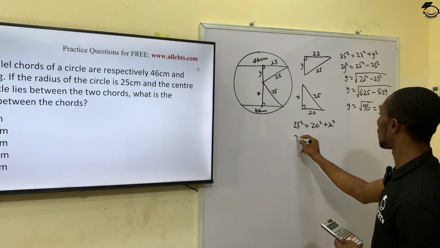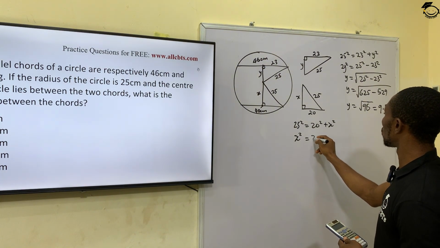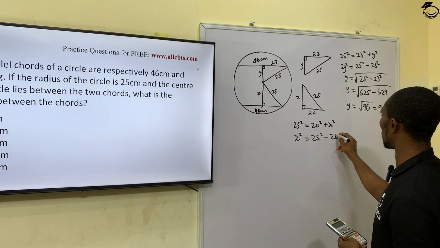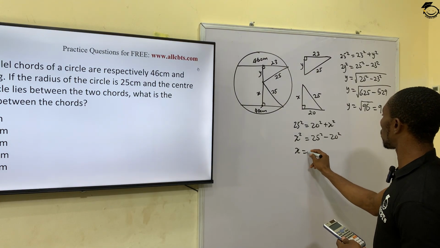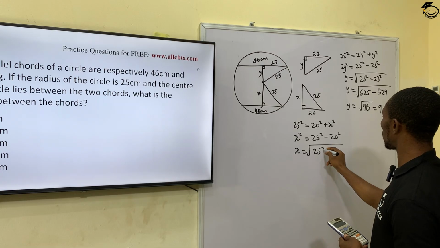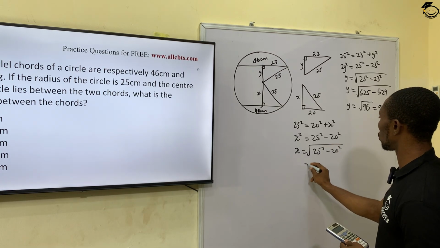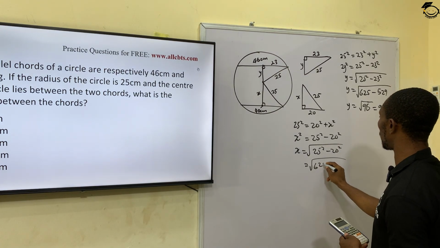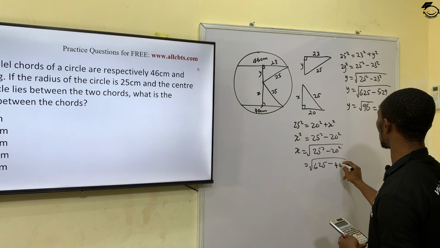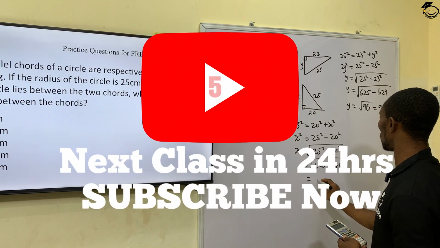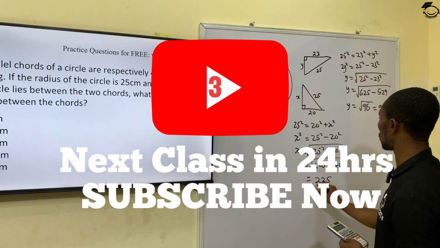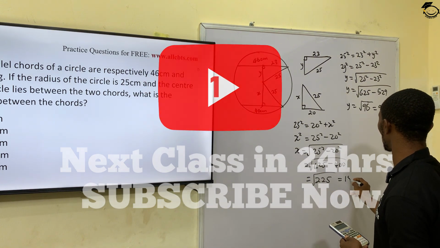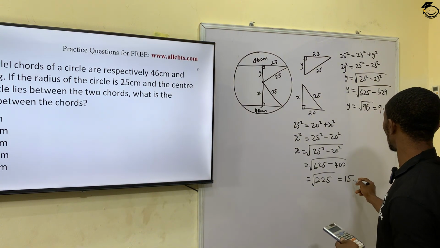So x squared equals 25 squared minus 20 squared. So x equals root 25 squared minus 20 squared. Now 25 squared is 625 and 20 squared is 400. So this gives us 225. So the square root of 225 would give us 15 centimeters.